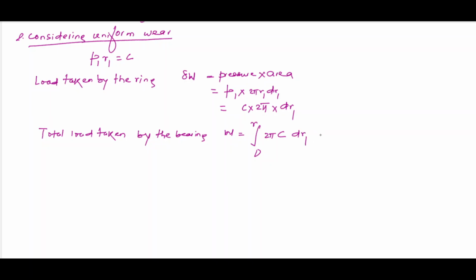Okay, so take 2 pi C out, so it will be 2 pi C R. Here you can say that C is equal to W by 2 pi R, value of constant.